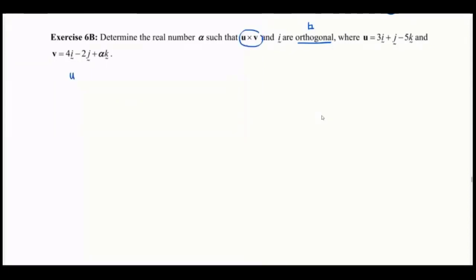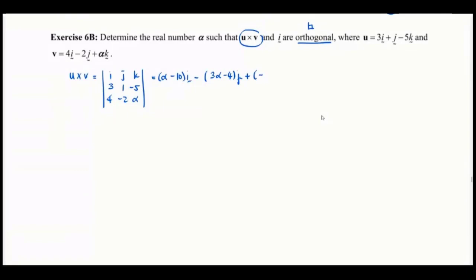So U cross V, we're going to have by cross product, expansion of the determinant. We're going to have 3, 1, -5. So we're going to have alpha minus 10. And then we have 3 alpha minus 4.